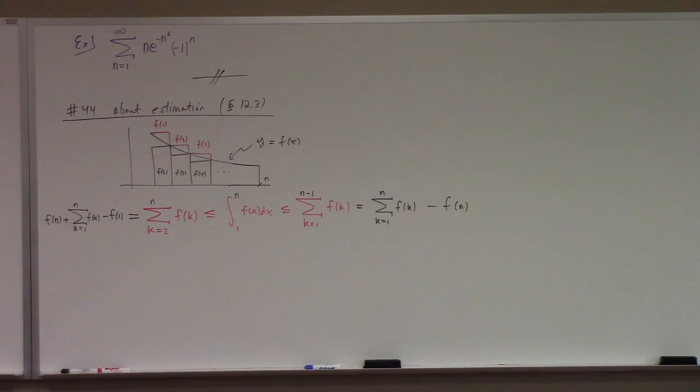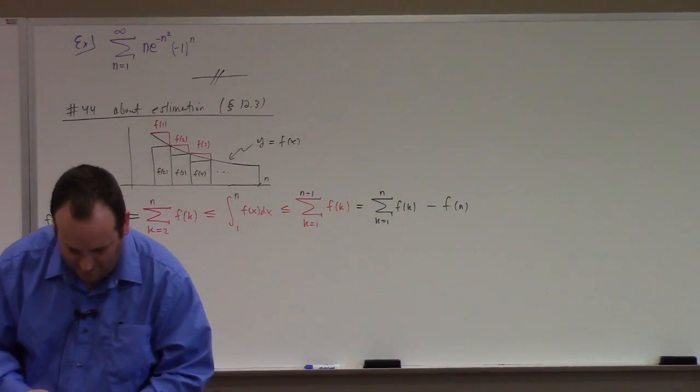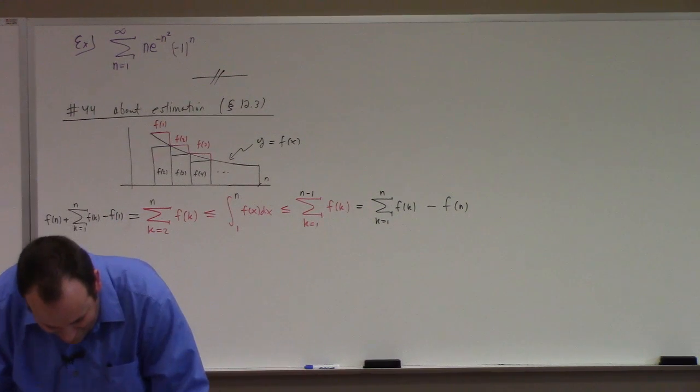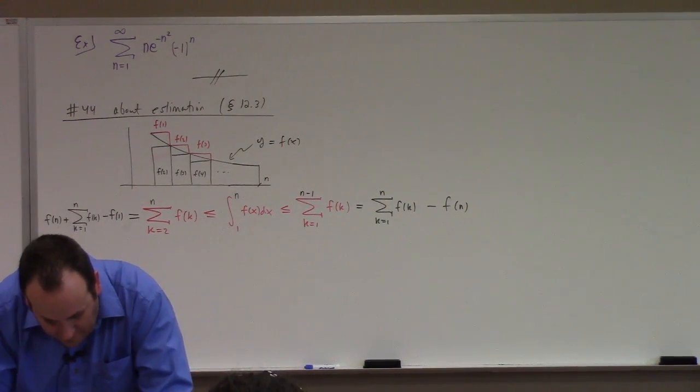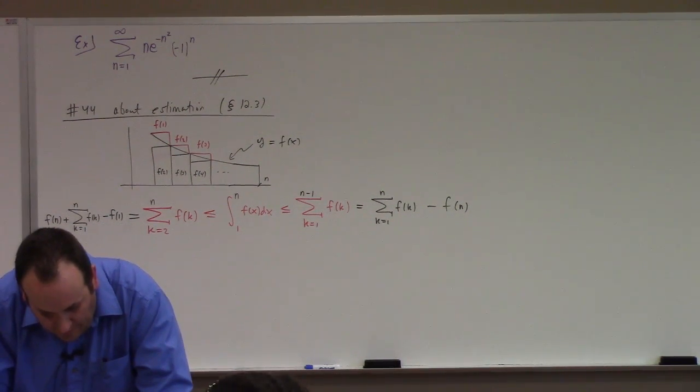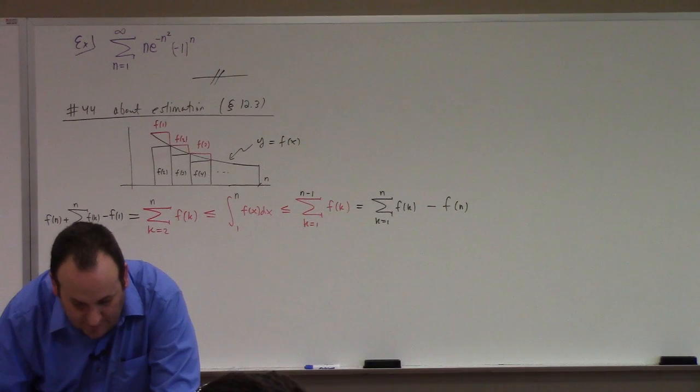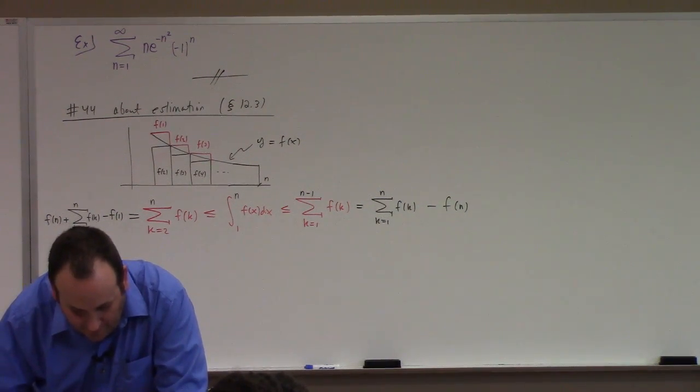But I don't know, maybe I should just go home. Look, if you look at problem 40, you can use that to do problem 44, okay? That's the point. You don't have to prove problem 40. You can use number 40 to do problem 44 in your homework.